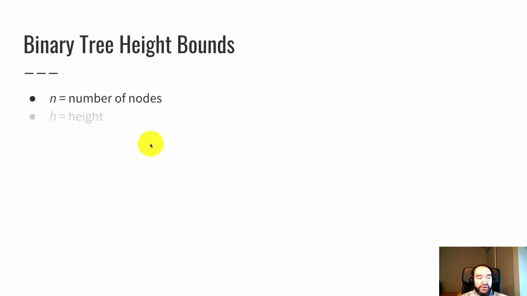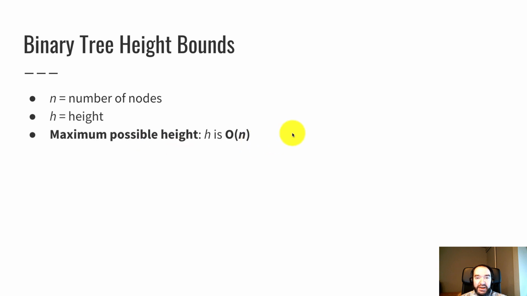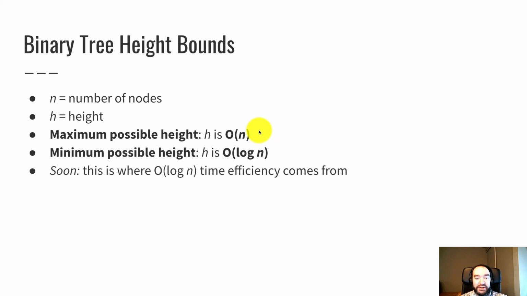If n is the number of nodes and h is the height of the tree, then the maximum possible height of a binary tree is h is big O of n. So you can have up to linear height. The minimum possible height of the widest, shortest possible binary tree is big O of log n. So the height of any binary tree is going to be somewhere in between those. It'll be at least log n and at most big O of n.